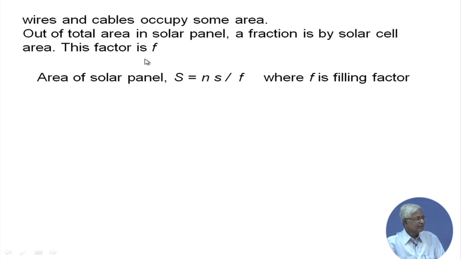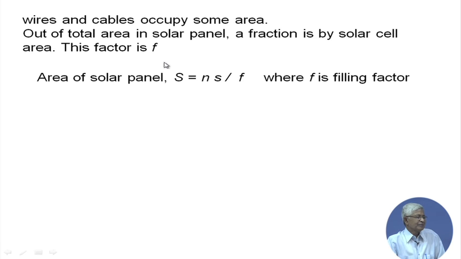Now there are certain more things. When you put the solar cells, between the cells the wires will go. So if we try to calculate the solar panel size, at that time we have to consider that. Out of the total area of the solar panel, a fraction will be taken by the solar cells.